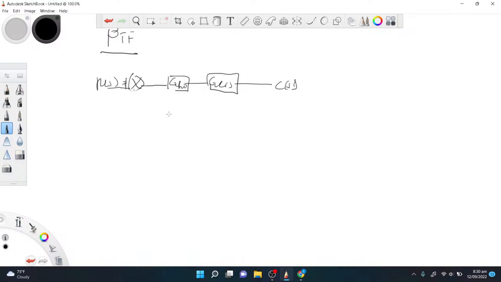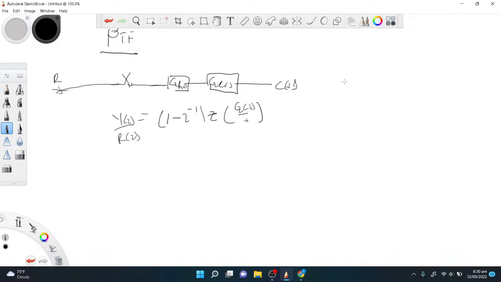All you have to do is 1 minus z, find the z transform of g of s over s, and that will give you a transfer function y of z over r of z.